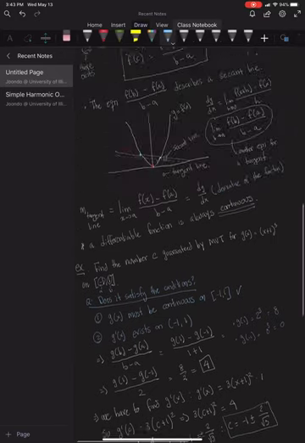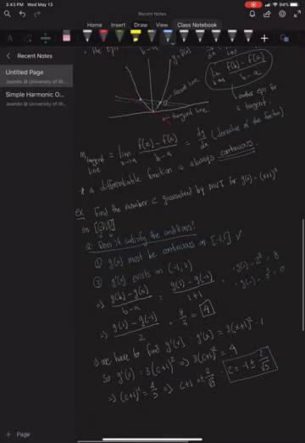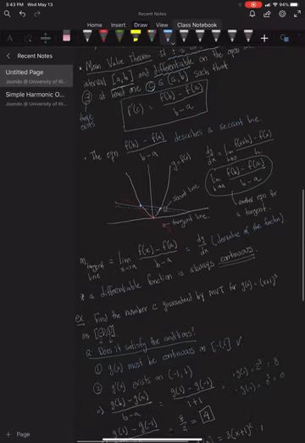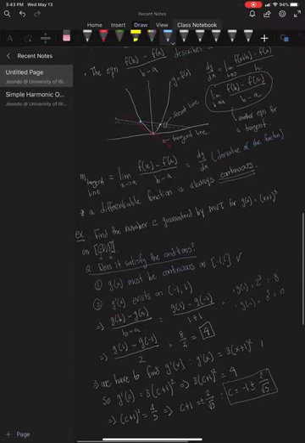Now, doing a problem with the mean value theorem is not so difficult, but understanding the concept of the mean value theorem is actually pretty important. So I want to go over some basic derivations of the mean value theorem.